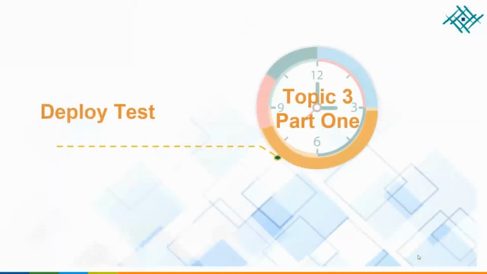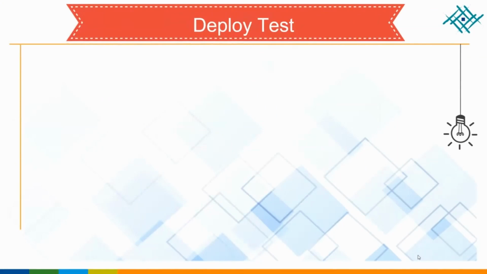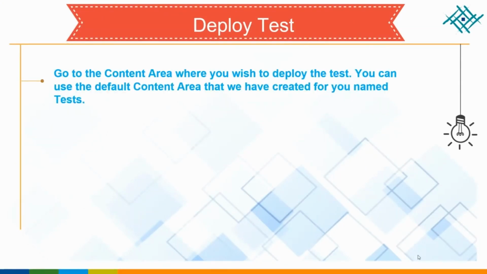This is the deployment of test, deploy test. Then you will go to a content area where you wish to deploy the test. You can use the default content area that we have created for you, named tests.